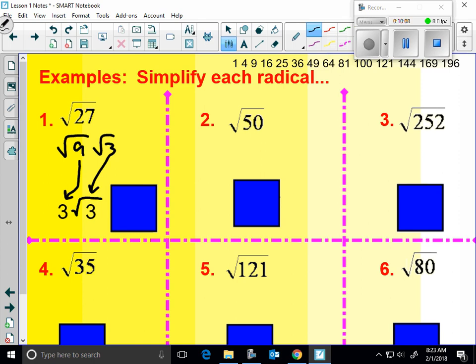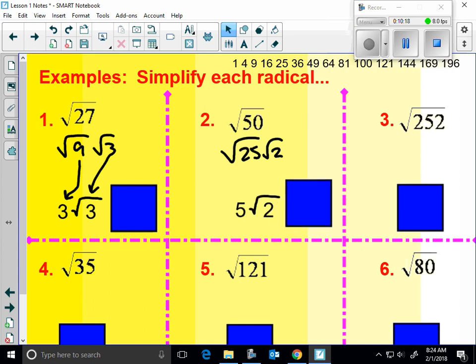Somebody else for square root 50. Yes, sir? 5 root 2. Yeah, you did square root 25, square root 2. Find the biggest perfect square, right? And then reduce it. Somebody else got the third one? Square root 252? Yeah, Adele? 6 root 7.